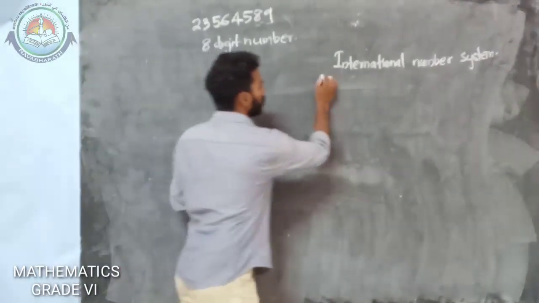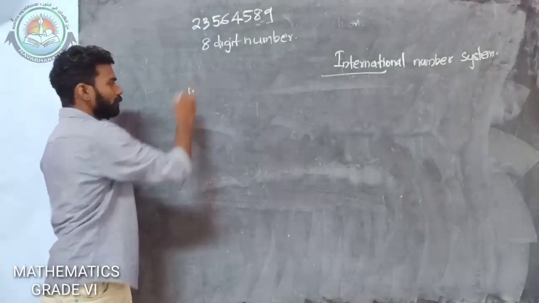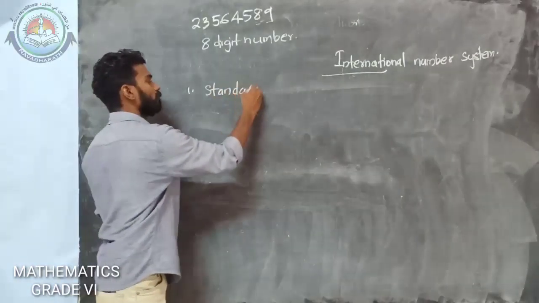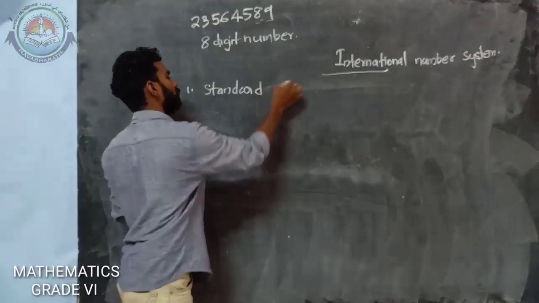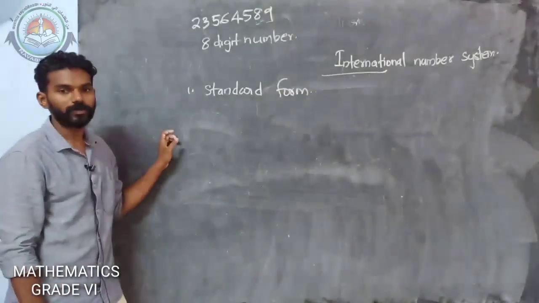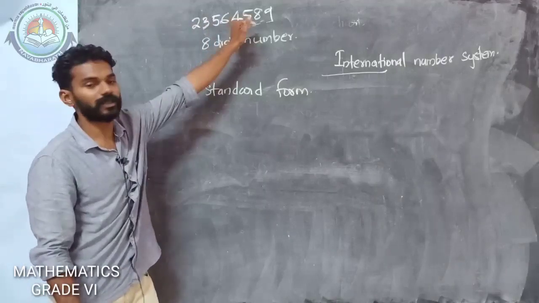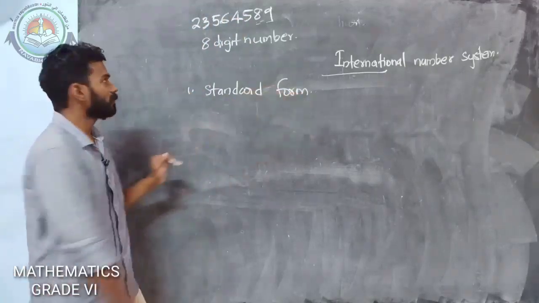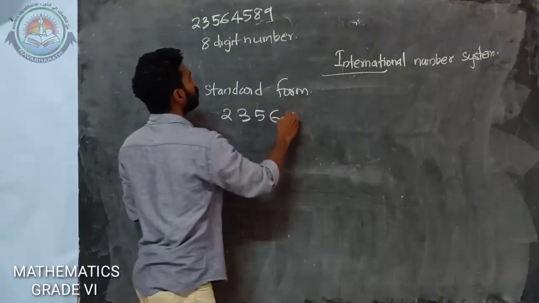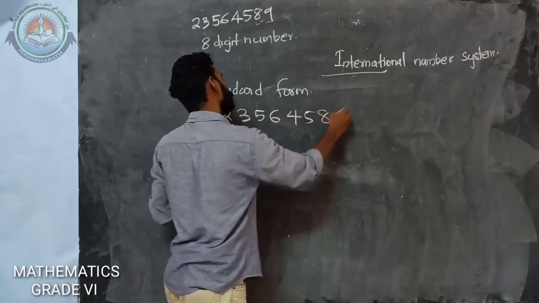Let us see. First of all, to express a number in its standard form, what do you want to do? You want to write the number, simply the number, and it would be like 2, 3, 5, 6, 4, 5, 8, 9.